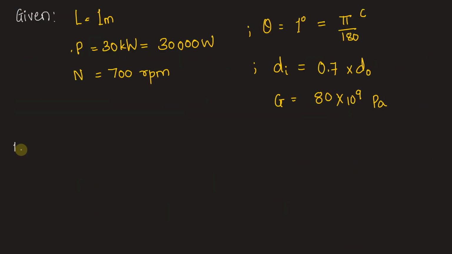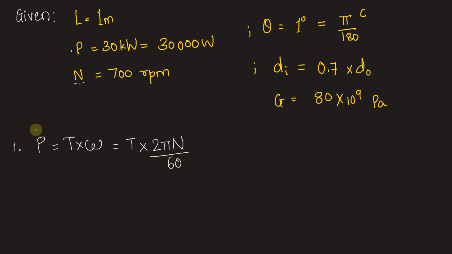So the first relation which we'll start with is the relation of power with torque and speed. Power developed by the shaft is equal to torque applied to it into its angular velocity that it gains because of this torque. This angular velocity can be found out using speed N. Power can be written as T into angular velocity omega, which is 2 pi N by 60.